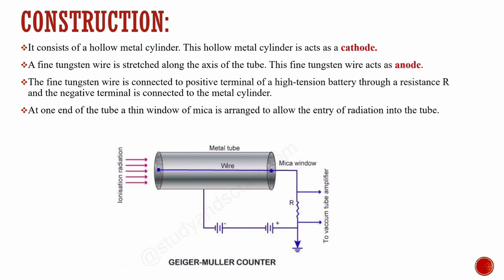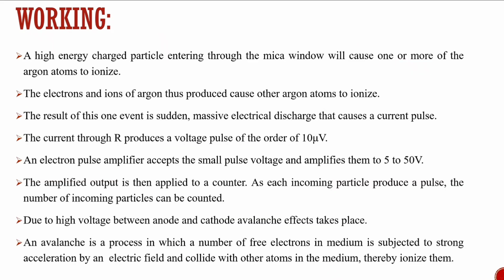Now let's see the working of the GM counter. A high energy charged particle entering through the mica window will cause one or more of the argon atoms to ionize. The electrons and ions of argon thus produced cause other argon atoms to ionize. The result of this one event is a sudden, massive electrical discharge that causes a current pulse.